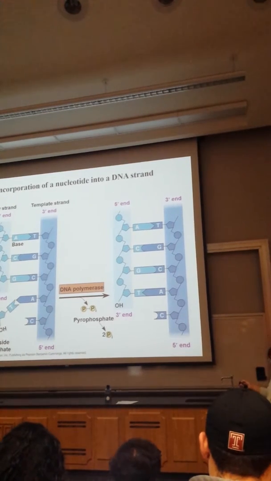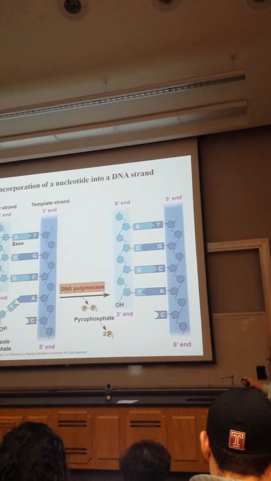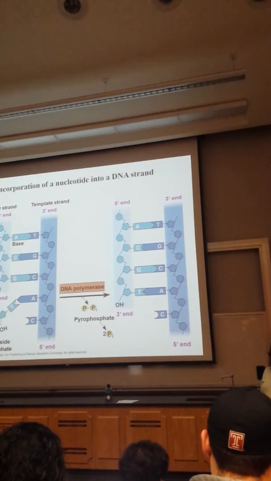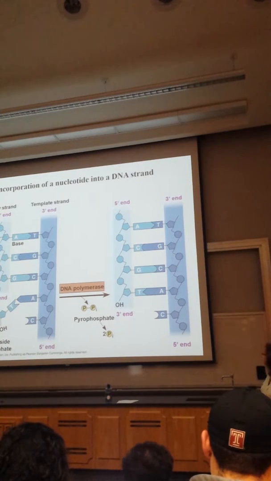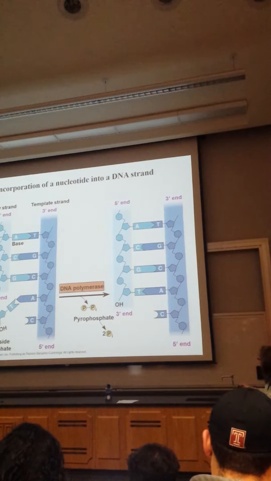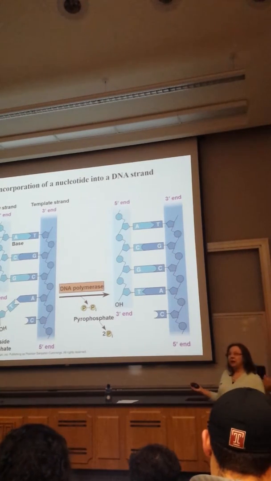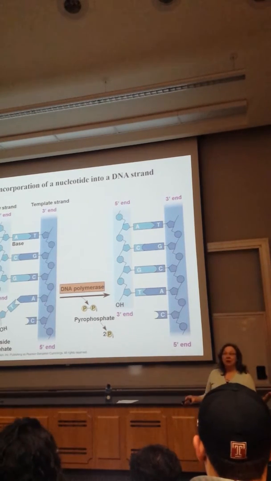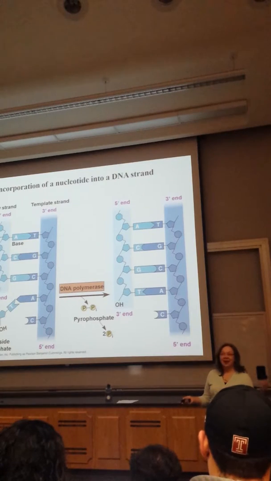The newly synthesized DNA strand, of course, is going to be 5' to 3', anti-parallel to this template strand. I'm just pointing out again what we went over a long time ago when we talked about DNA structure. Does anybody have a question, or can I repeat anything or explain anything further? We okay? All right.